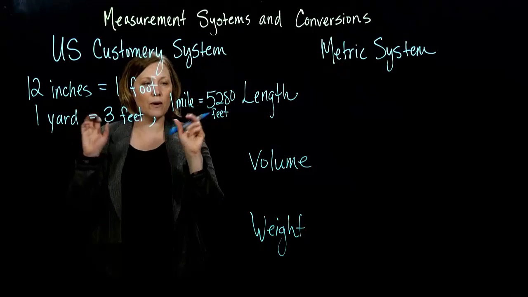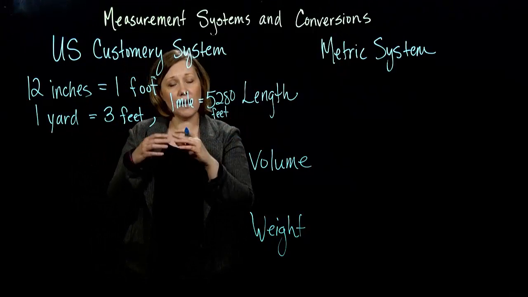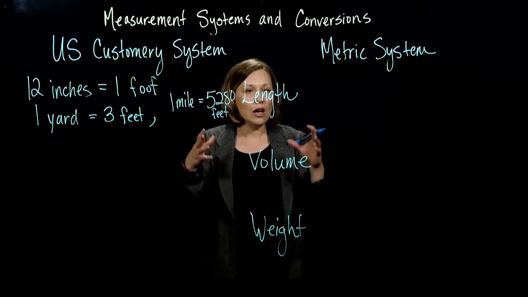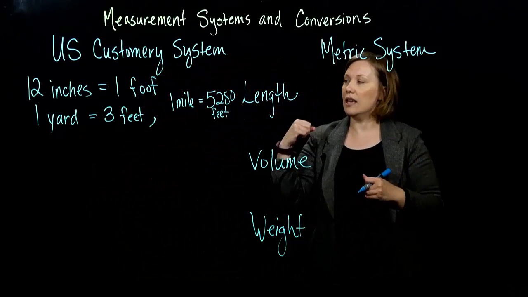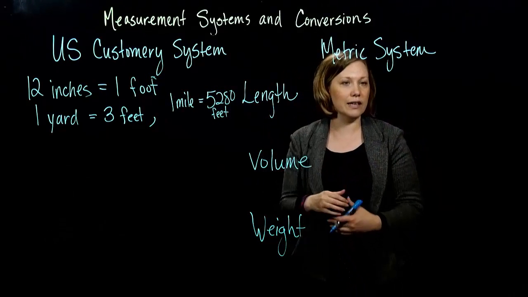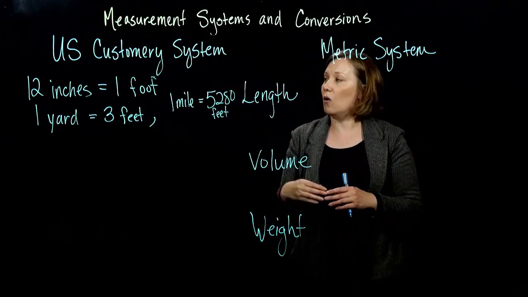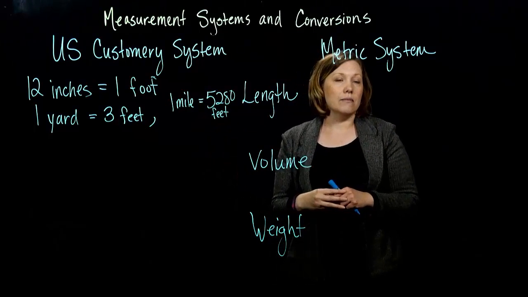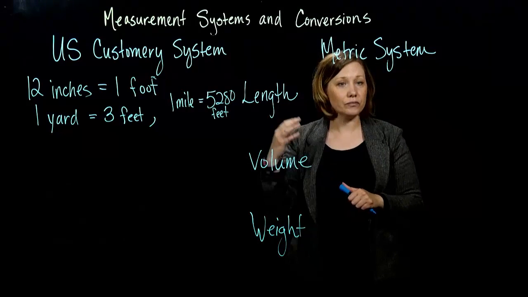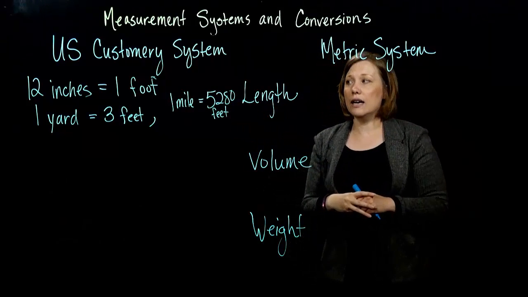So those are some different ways that we measure length depending on how long the length is. If it's something pretty small, we might use inches. If it's a little medium, like the height of a person, we might use feet or maybe even yards. And if it's a really long distance, we might use miles.